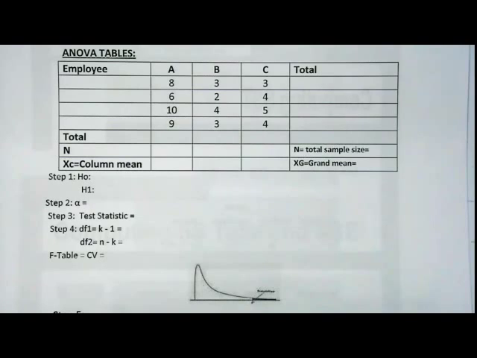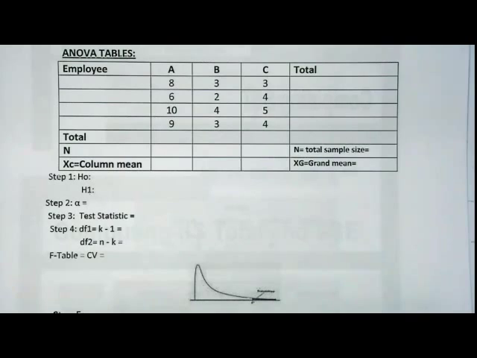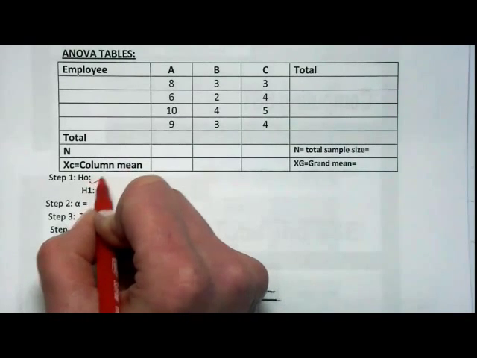Okay. Well, the good thing is, step 1, null and alternate hypothesis. When we're comparing 3 means, again, it is given to you on your formula sheet.